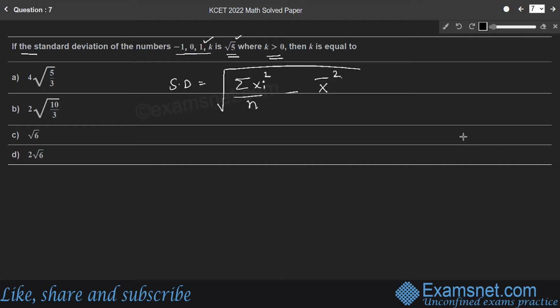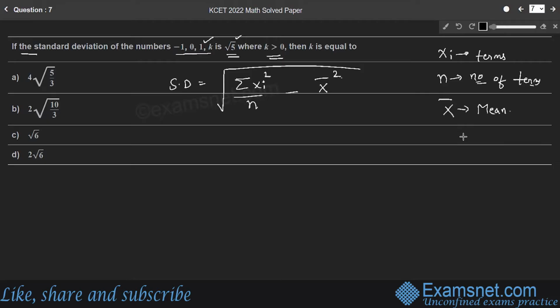Here xi is each term in the given data, n is the number of terms, whereas x bar is the mean of the given data set.